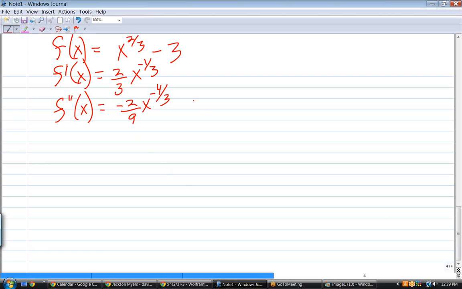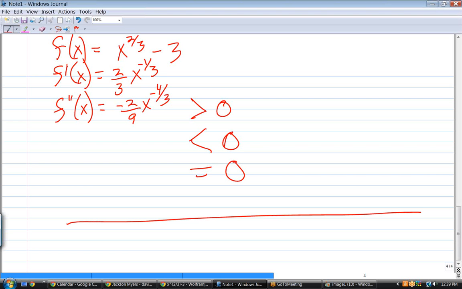So the question becomes, where is that greater than 0? Where is it less than 0? And is it equal to 0 ever? Well, let's see. Only critical point should be 0, right? In other words, it's whatever makes the numerator or the denominator 0.